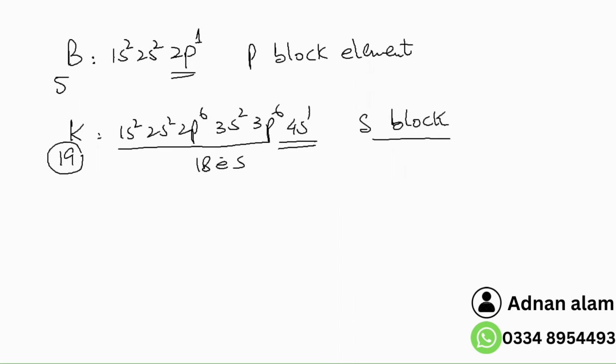So this is some discussion of electronic configuration. Okay, one more thing you need to know is about group number 1 and group number 2. In group 1 we have lithium with proton number 3, sodium with proton number 11, and potassium with proton number 19.